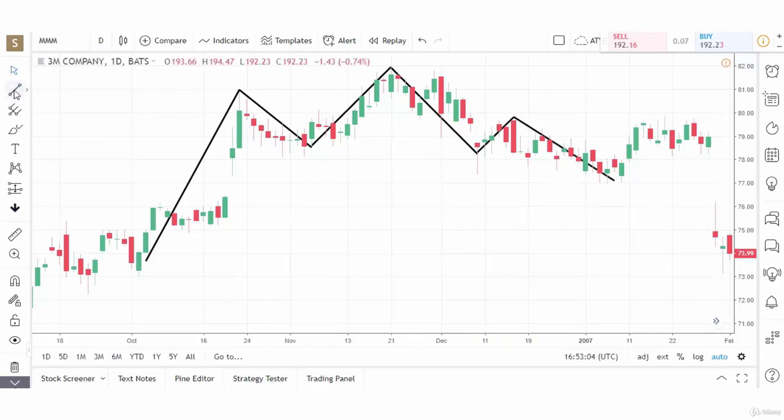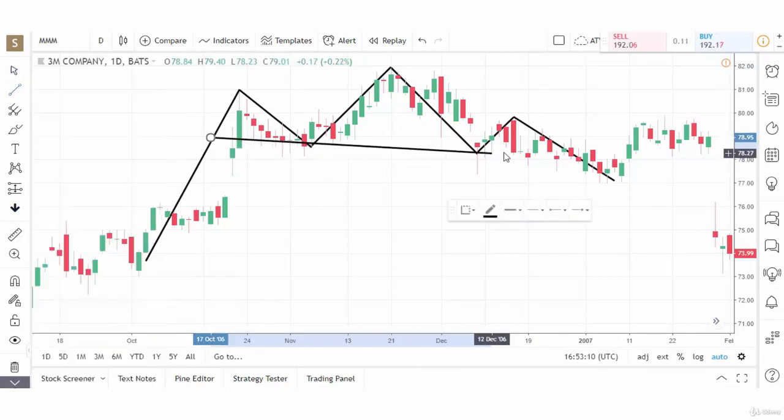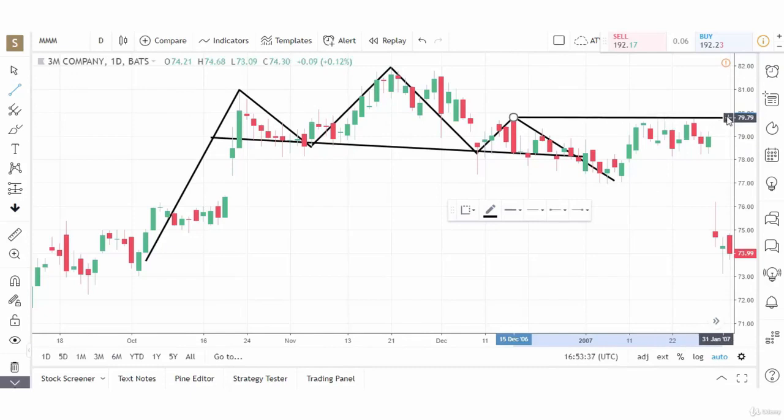Now in this case, the stock breaks the neckline, which is here. So we have our head and shoulders pattern complete, and then the stock rallies again, but it's unable to close above the high reached in the second shoulder. So our trade remains intact.